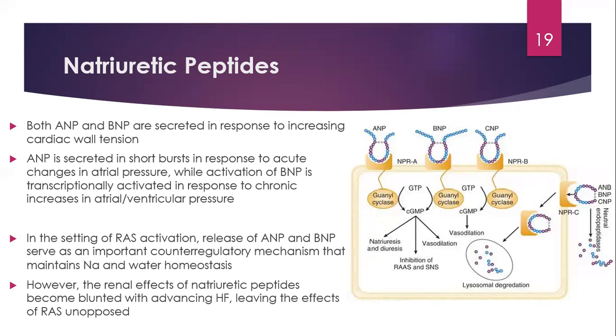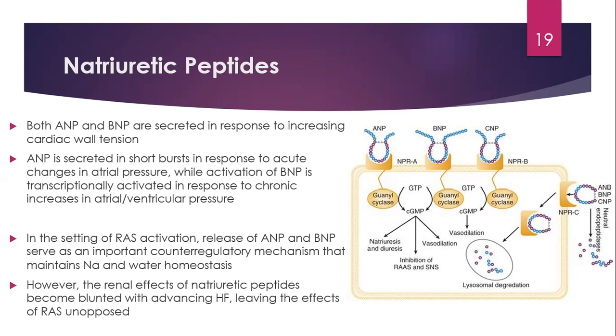The atrial natriuretic peptide is actually secreted in short bursts, and it responds to acute changes in atrial pressures. While BNP tends to be activated through transcription of proteins, so it produces a more chronic, later response to chronic increase in atrial and ventricular pressure.